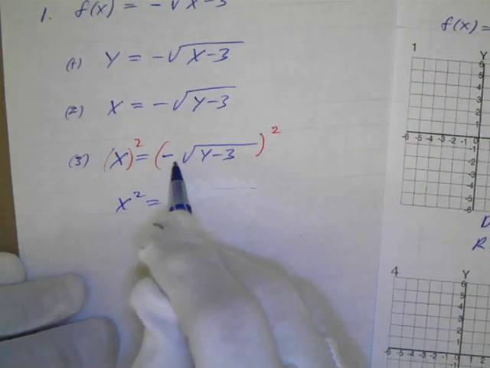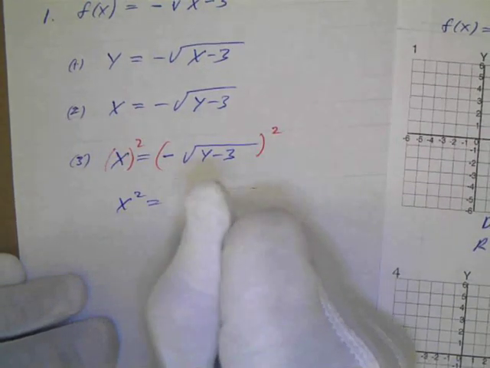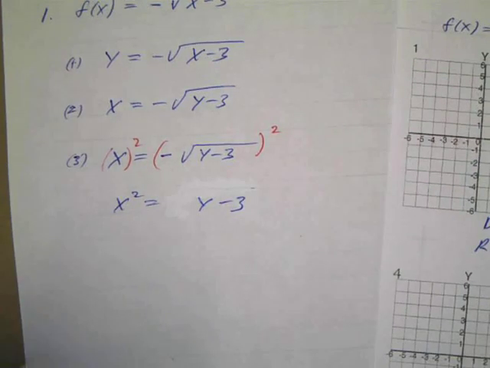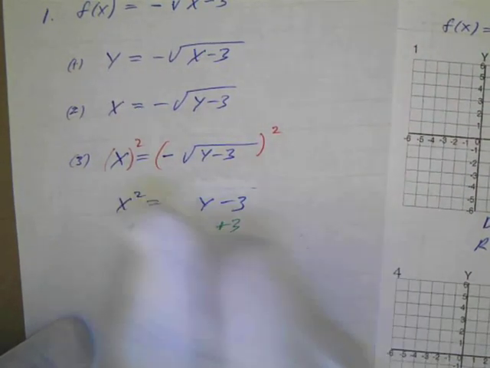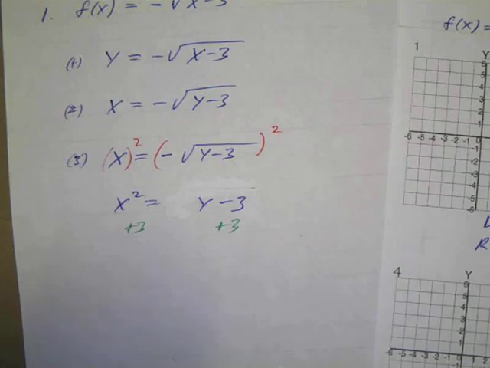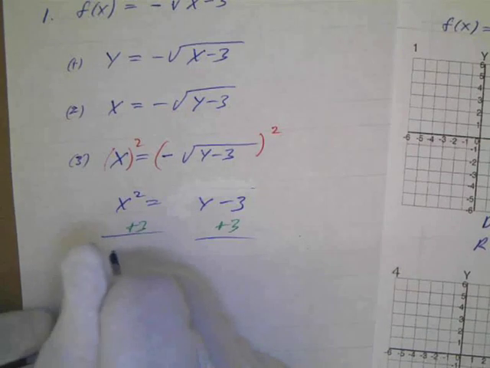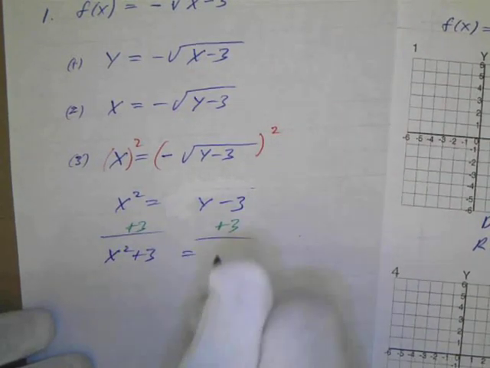So a negative times a negative is a positive, and then the square root of y minus 3 times the square root of y minus 3 is just y minus 3. And then I'll add 3 to both sides. And I end up with x squared plus 3 equals y.